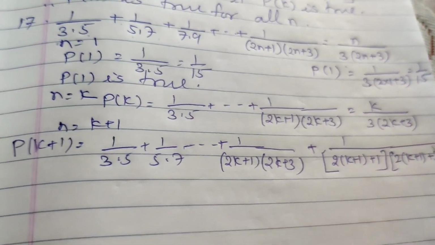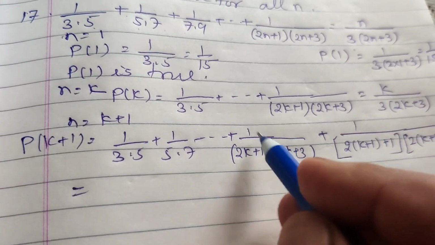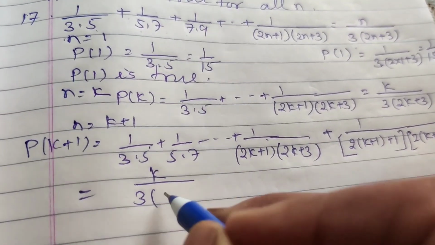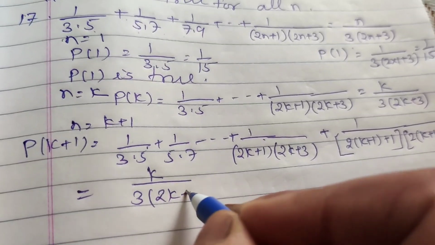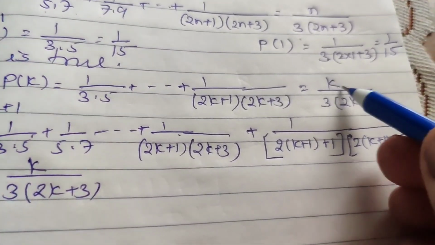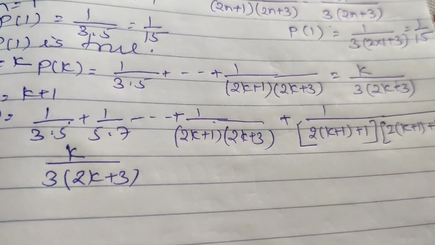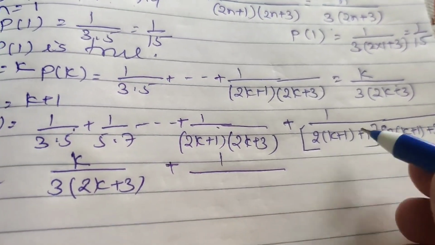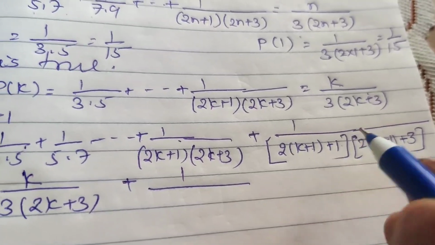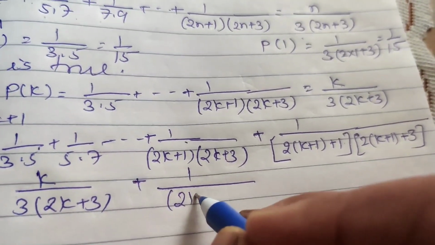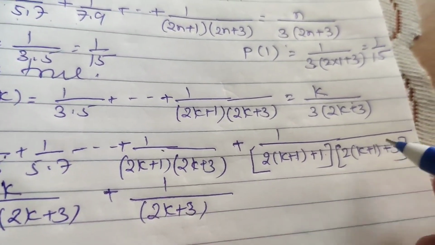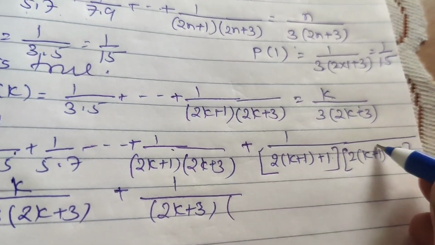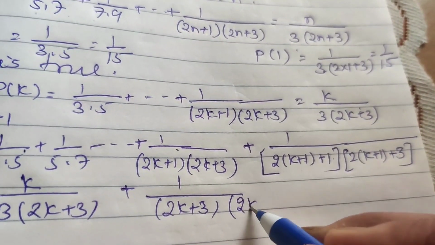The sum of these terms is k upon 3(2k plus 3), and the next term is plus 1 upon (2k plus 2 plus 1), which is 2k plus 3, and then 2k plus 2 plus 3, that is, 2k plus 5.